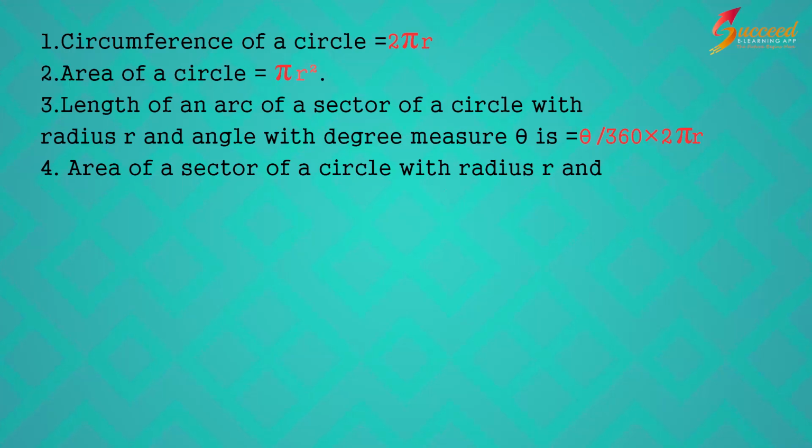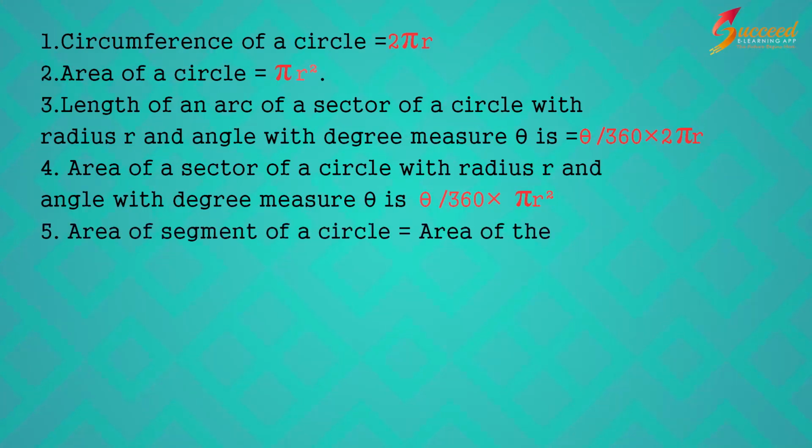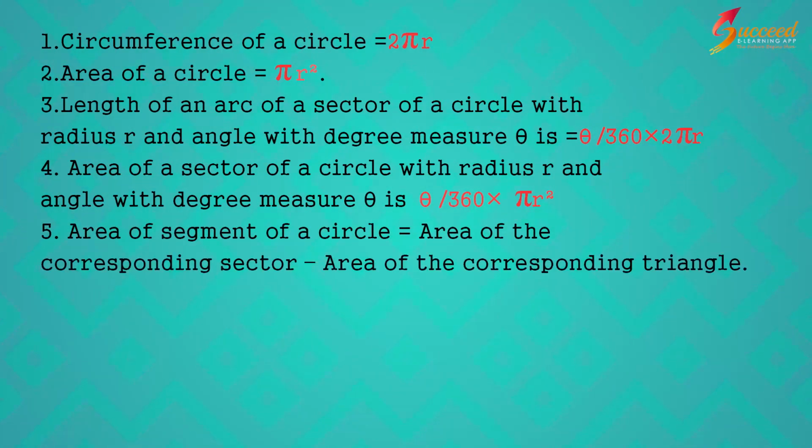Area of a sector of a circle with radius r and angle with degree measure theta is given by theta divided by 360 into pi r square. Area of a segment of a circle is equal to area of the corresponding sector minus area of the corresponding triangle.